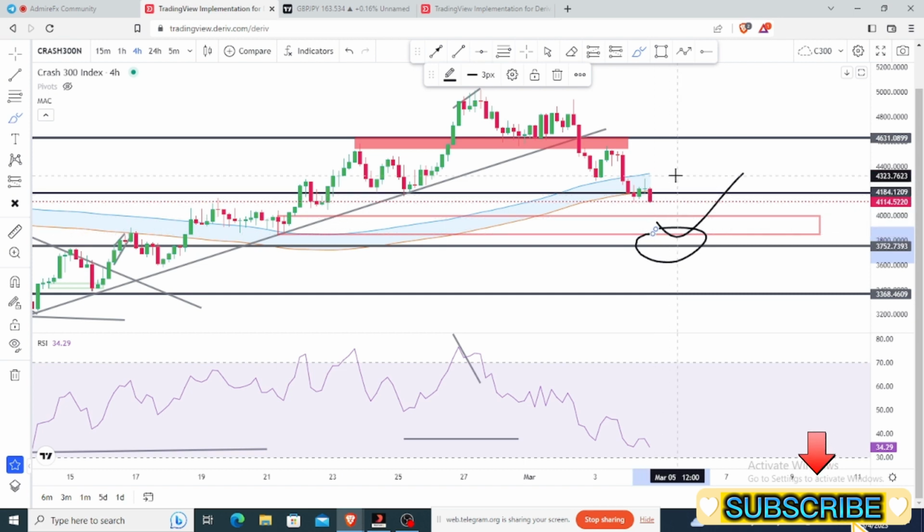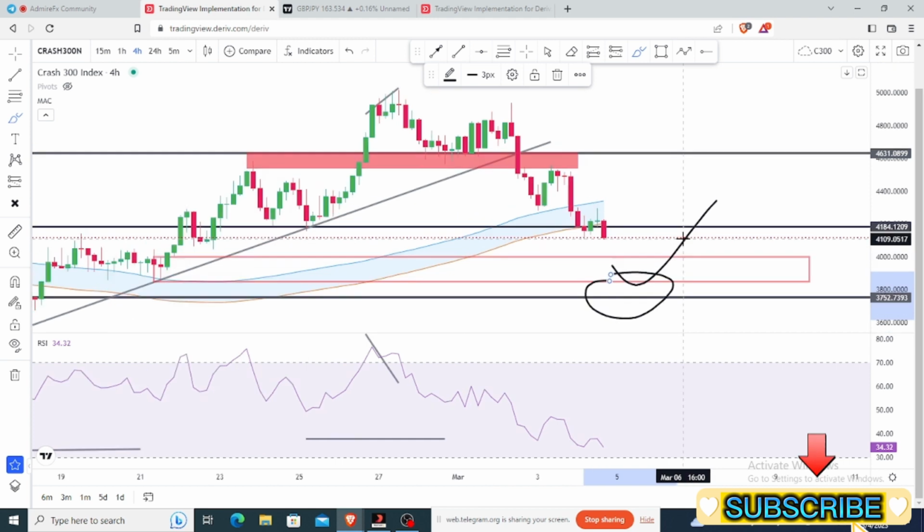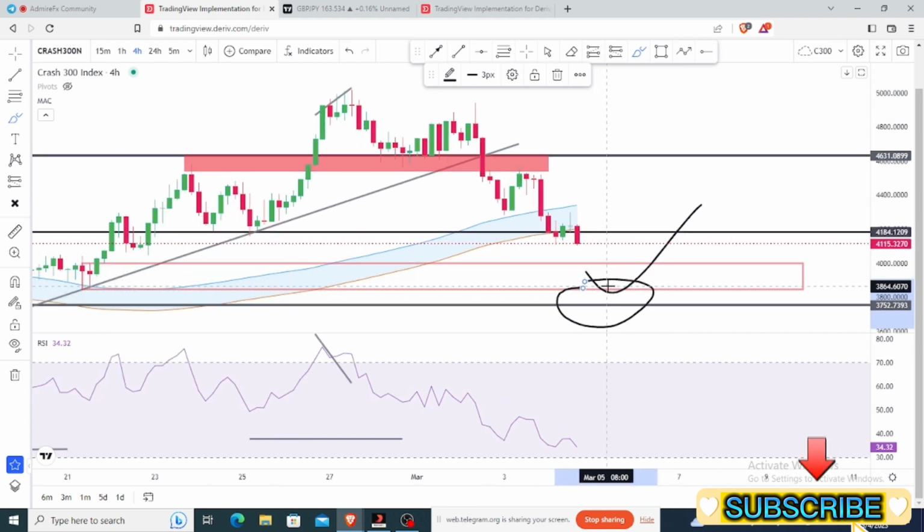You know how price behaves most of the times. It may not give us that perfect mitigation on the order block and a move to the upside. So price could come down to this order block and give us a very nice chart pattern, which is our divergence or a double bottom or a head and shoulders. A very nice reversal pattern at this area.